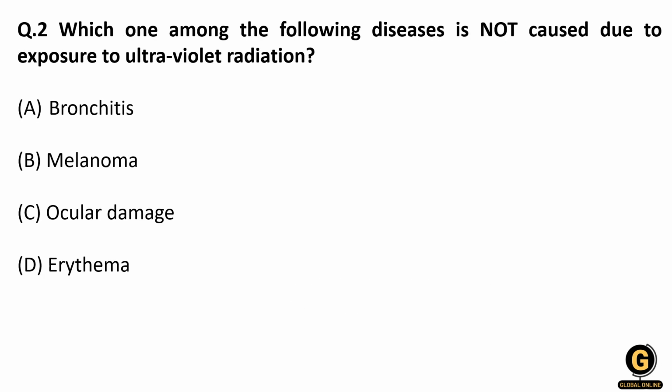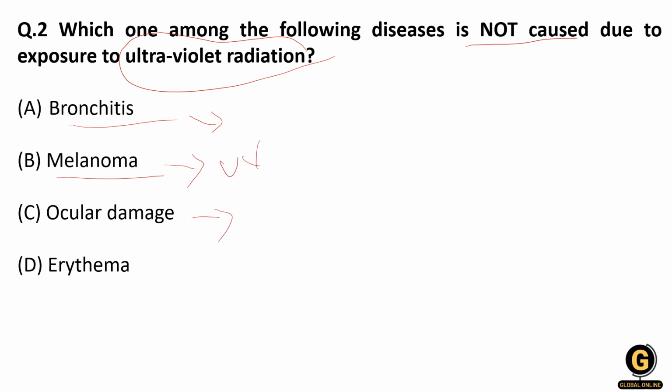Which of the following diseases is not caused by UV radiation? So students, bronchitis is a disease where the airways of the lungs get inflamed, and it is caused by viruses or cigarette smoking. Melanoma is a type of skin cancer, and it is caused by UV light.